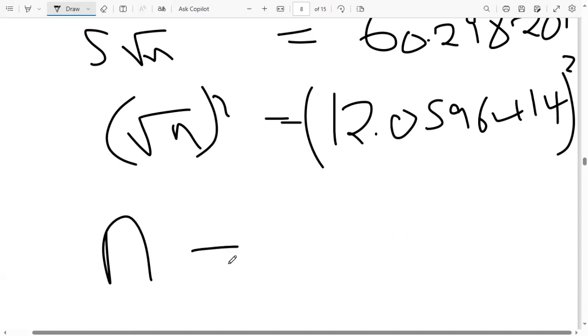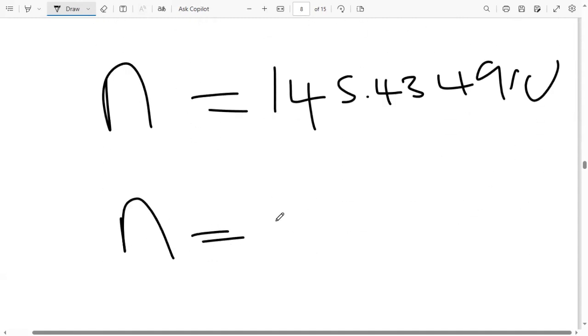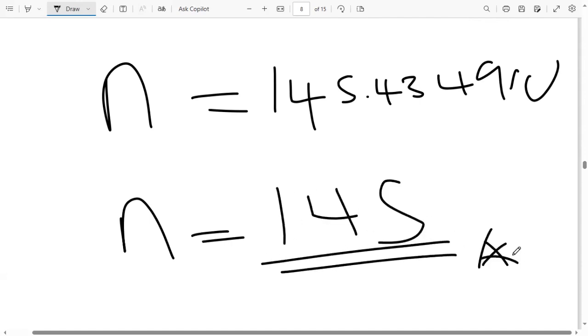So it means my n will just be equal to, you square this side, what are you going to get? 12.0596414 squared. So this is going to give me 145.950. Okay, so it means the n, which is the size of the sample, will be approximately 145. So we are done. So this is the final answer.